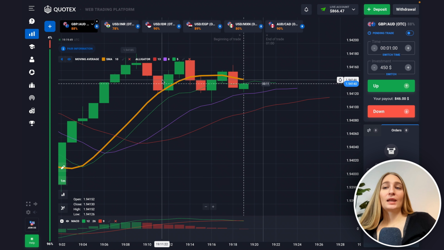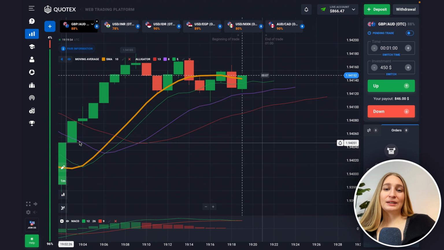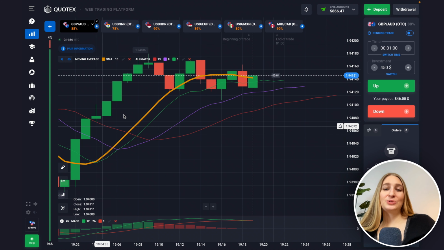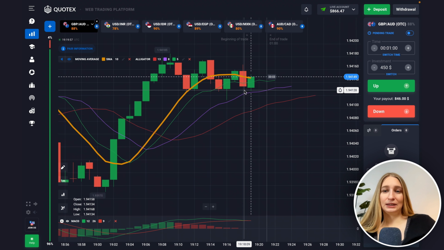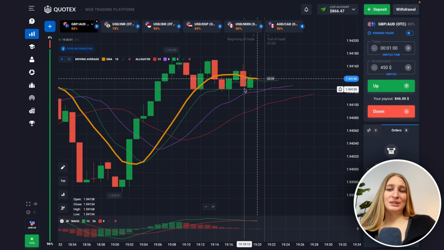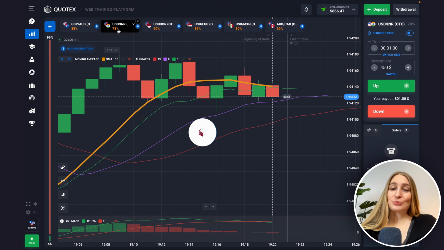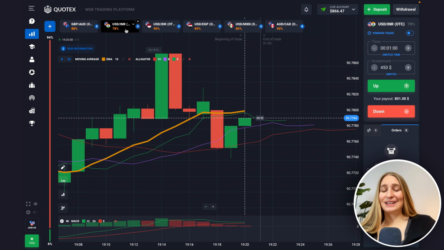Okay, so alligator is showing us that the price will go like this in a few minutes also. Yes. So I think it's time to go to another currency pair and see easy and profitable ways to make money.